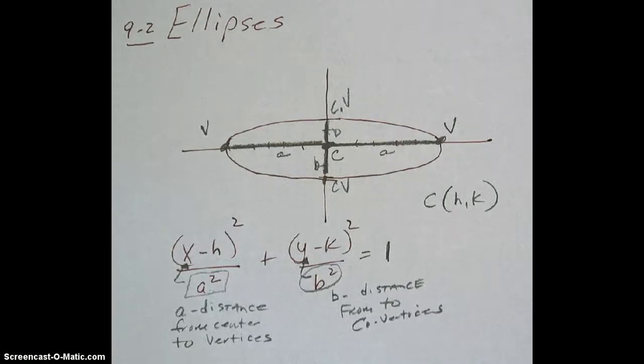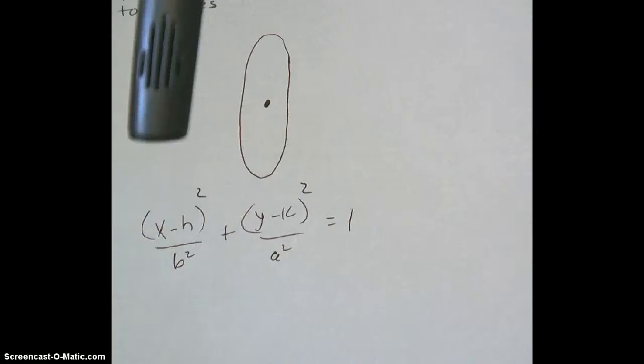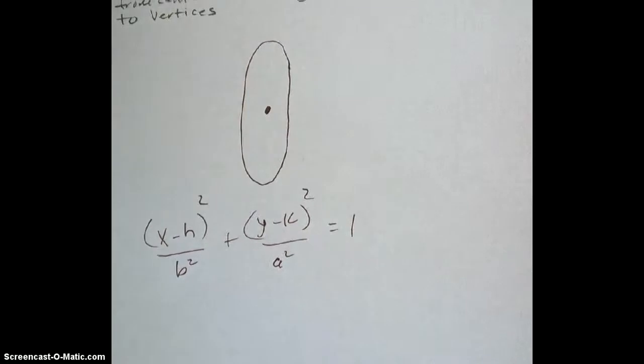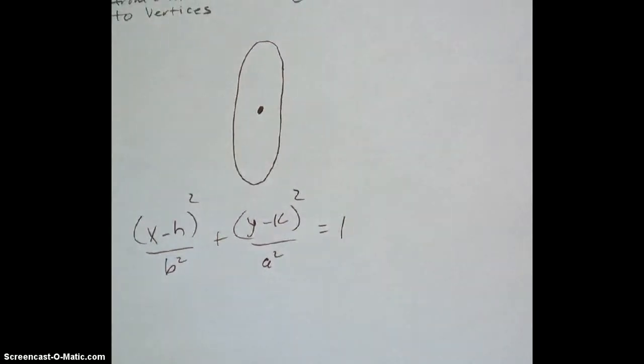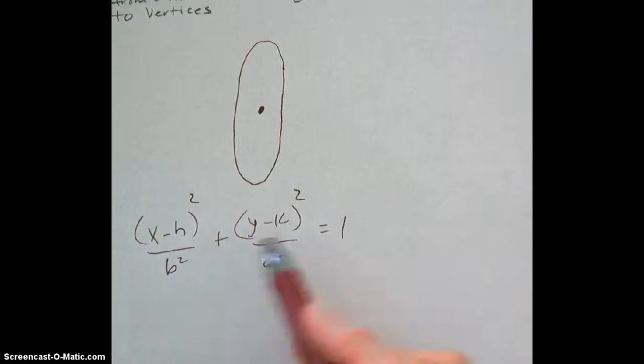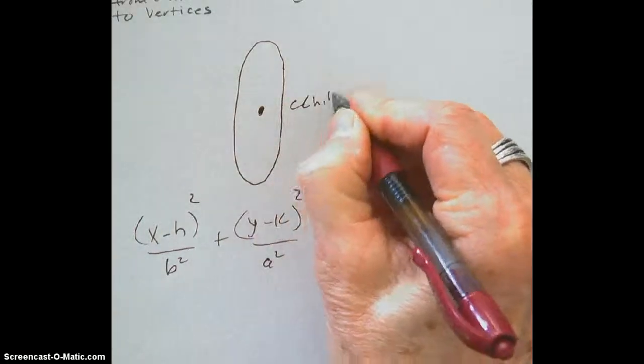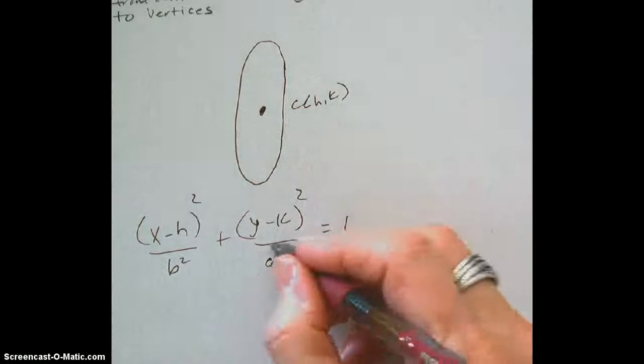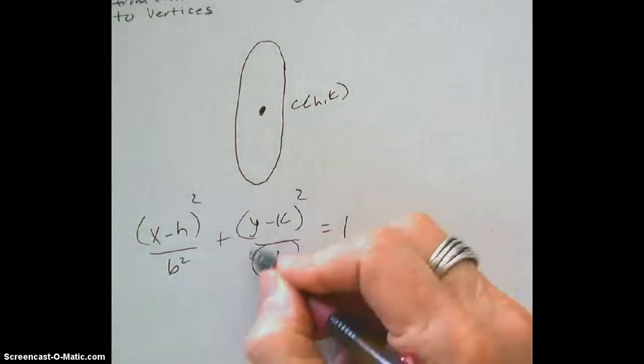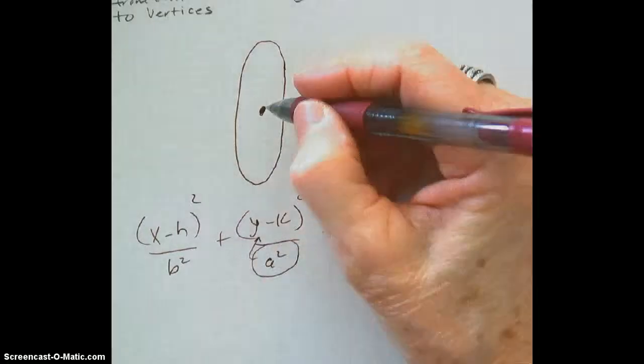There's two types of ellipses. This is the first type. And the second type of an ellipse we can have is a circle squished in the y direction. As far as looking the same, we'll still have an h and a k for our center. A, however, will be the direction that we go from the center to the vertex.